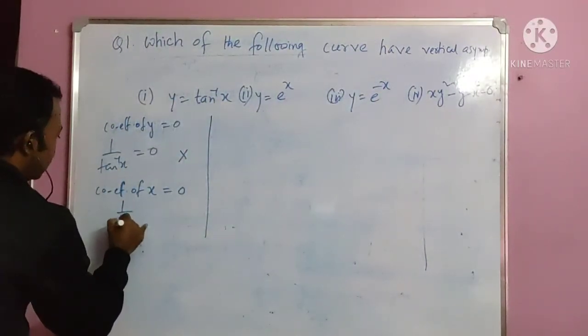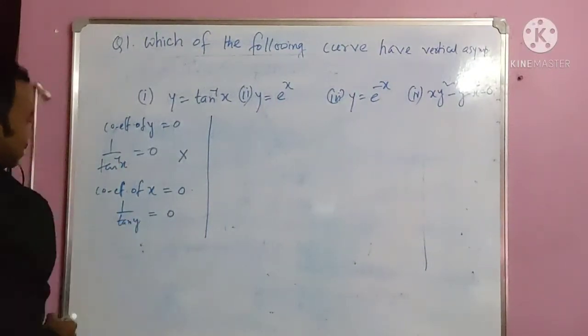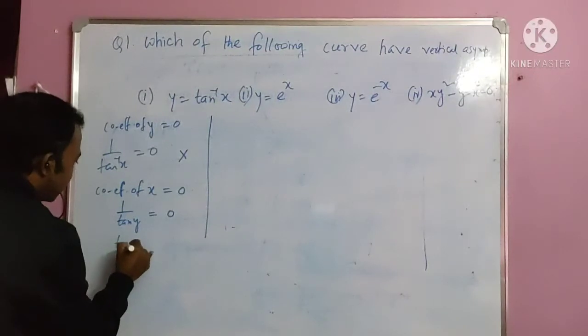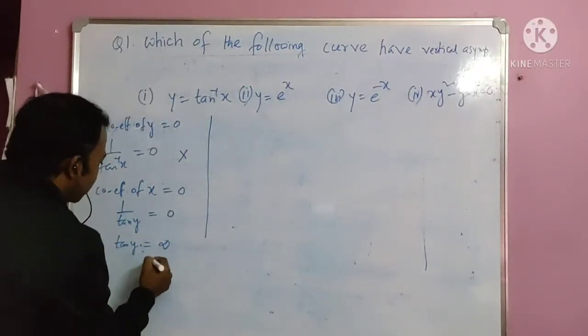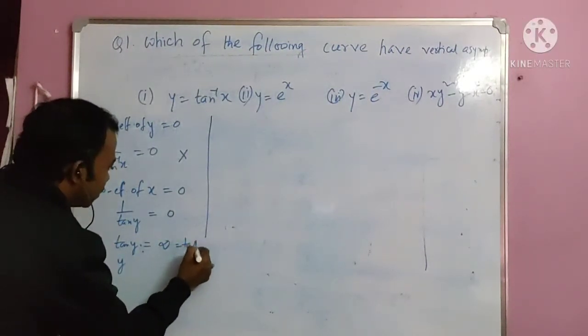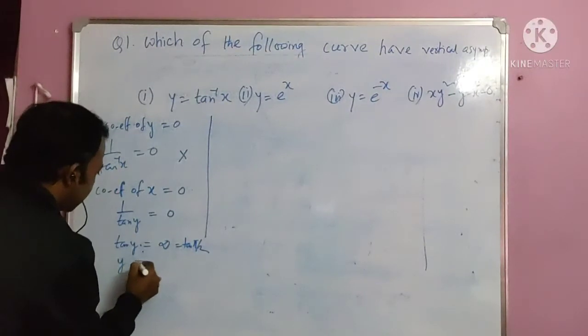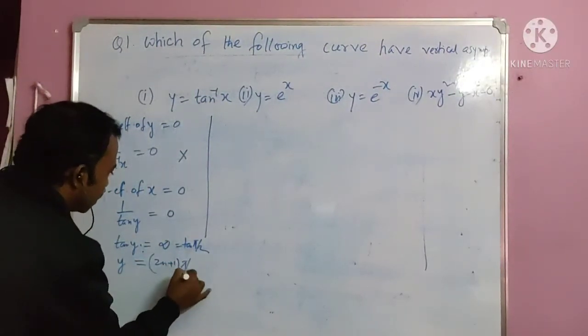Make it 0. After that, we have tan y equals infinity. That means it equals tan pi by 2, which gives y equals (2n plus 1) pi by 2.